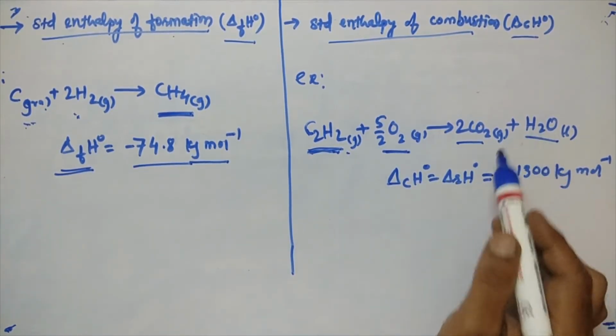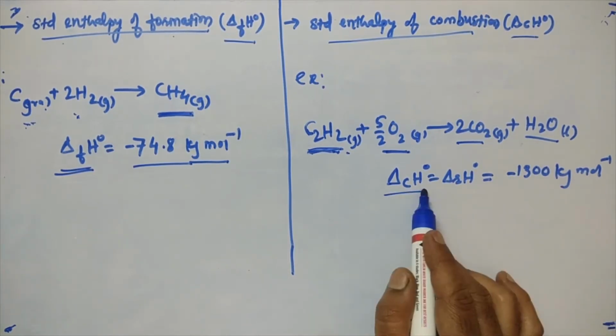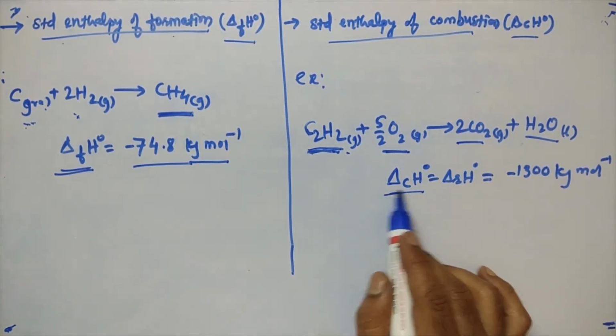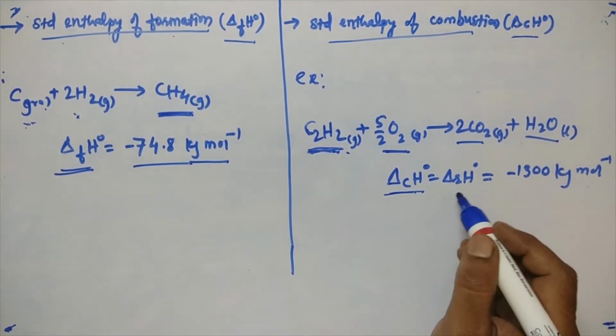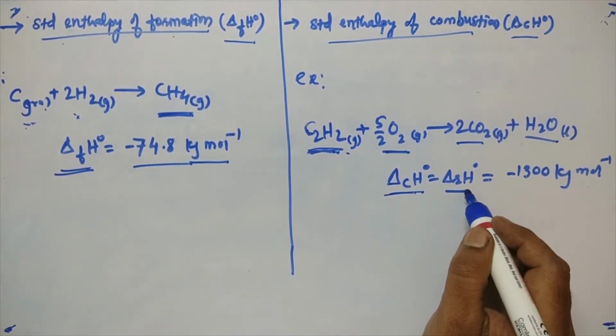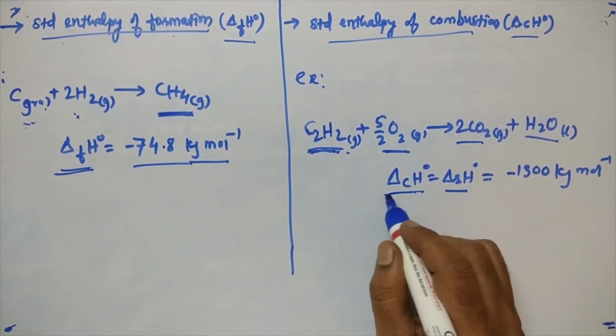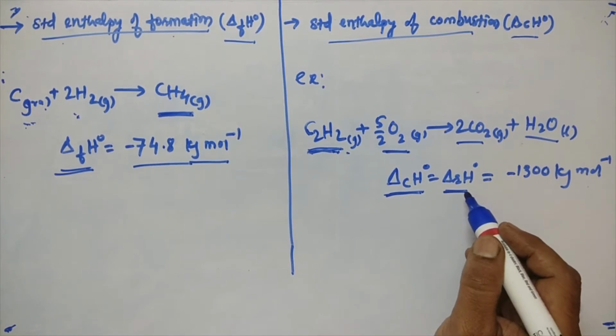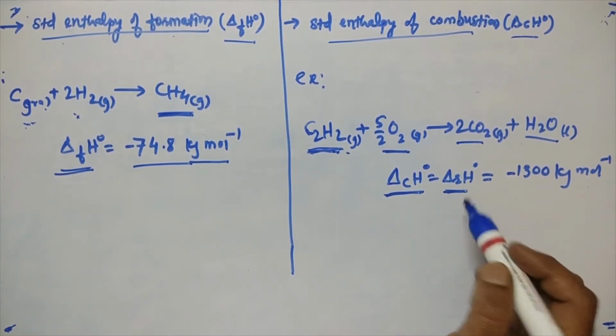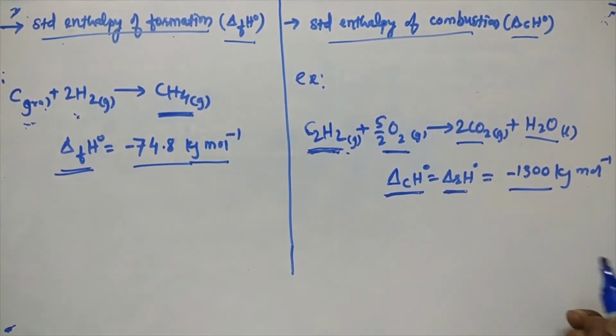For this reaction, the standard enthalpy of combustion is equal to minus 1300 kilojoules per mole, also shown as delta rH naught, because the standard enthalpy of combustion is here the same as the standard enthalpy of reaction. Okay.